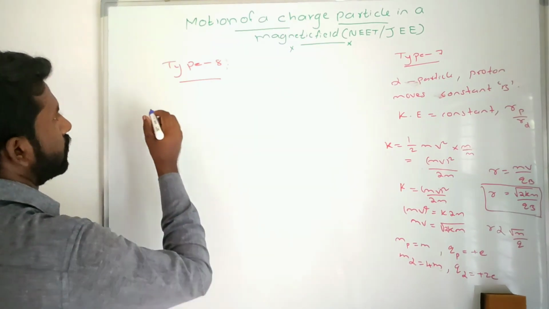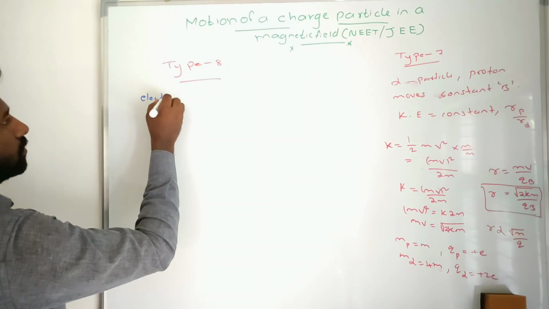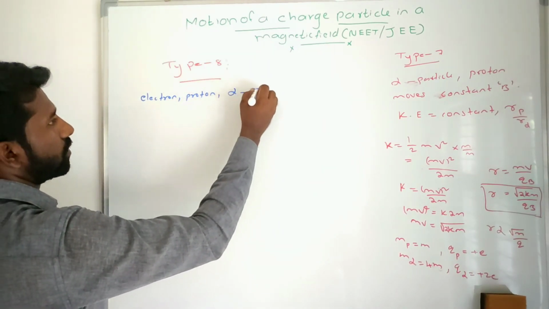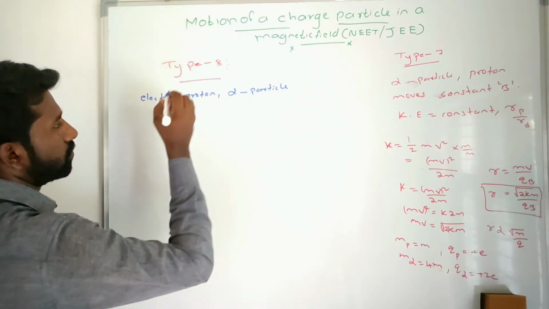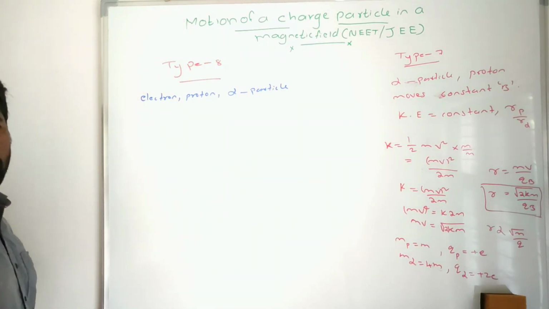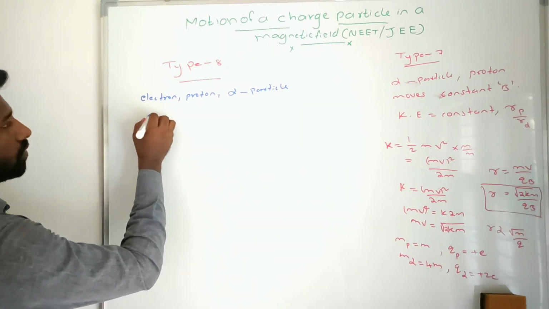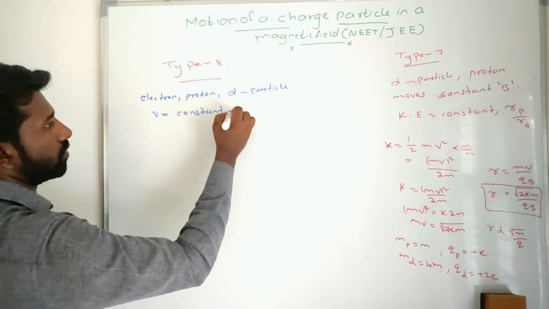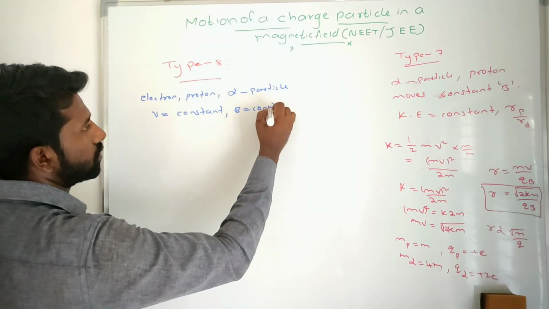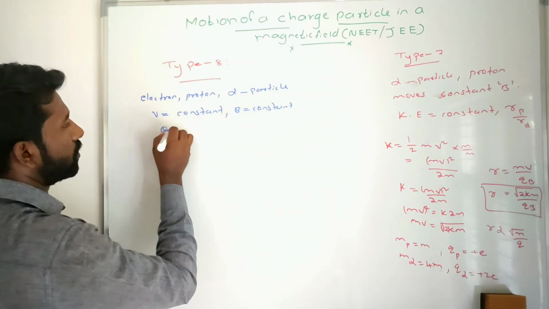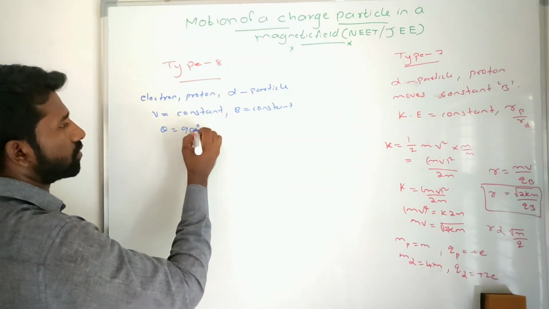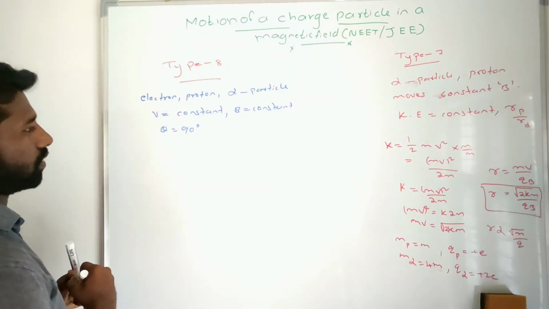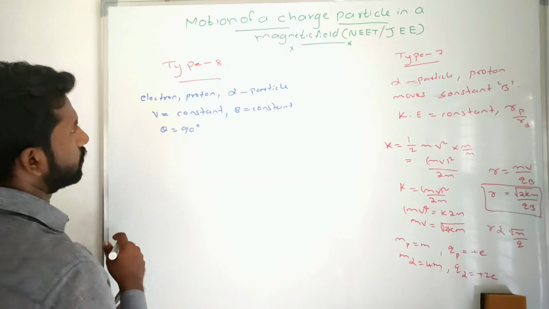That means electron, proton and alpha particle move perpendicular in a magnetic field with a constant velocity. Velocity is constant, B is constant, and theta is equal to 90 degrees. So it is perpendicular. Identify the path. They have given the paths like this.